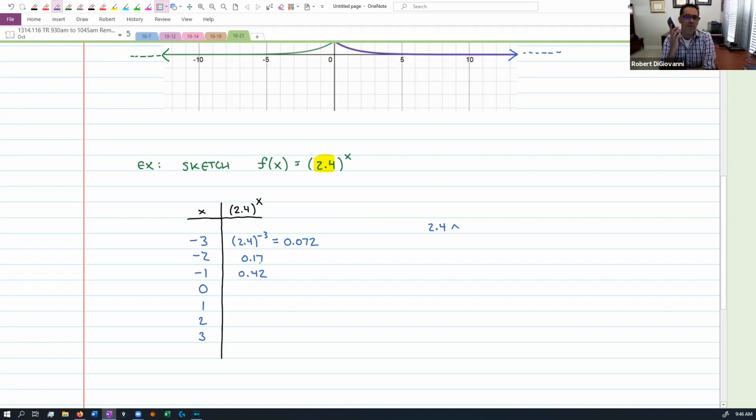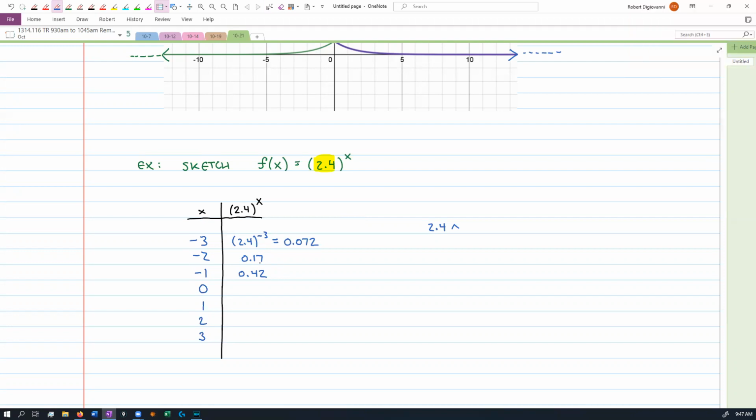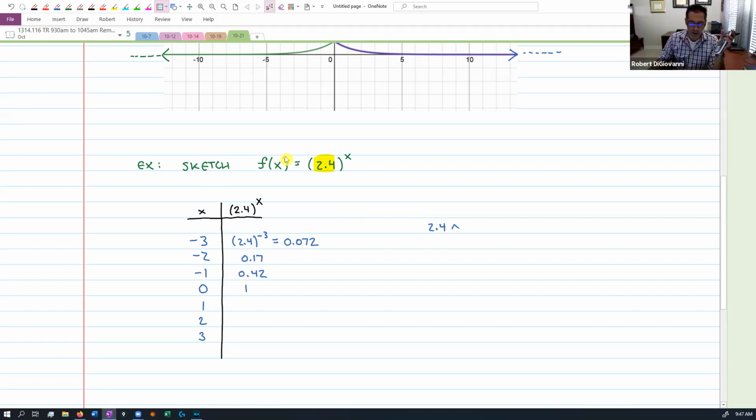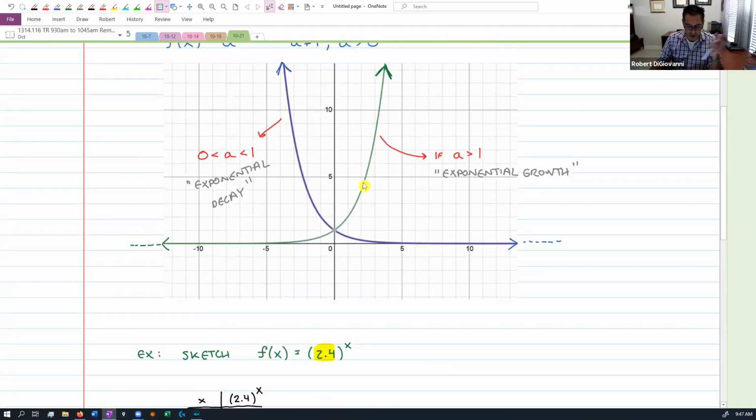What about 0? What should we all get when we plug 0 into any exponential function? 1. Right, exactly. So we're going to get 1. That's why when you look at these graphs, do y'all see that this point lives on both of them? That's the point (0, 1). Because for both exponential functions, no matter what the base is, when you plug 0 into the exponent, you get 1, which is why they both go through there.